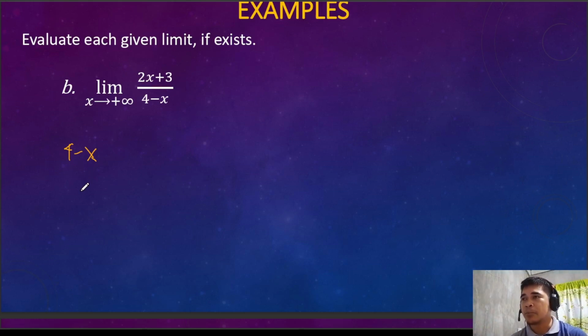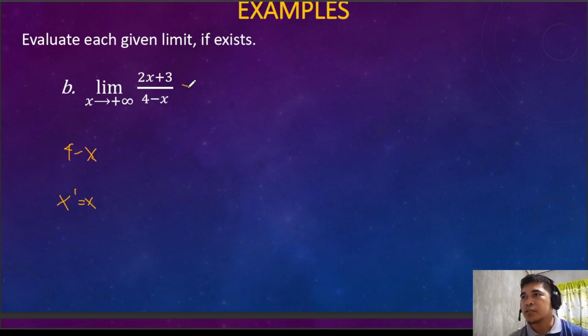So in this example, our denominator is 4 minus x. So divide the numerator and denominator by x, and the exponent depends on the degree of the polynomial. So we have 4 minus x. The degree of x is 1, so we get x to the power of 1, or simply x.